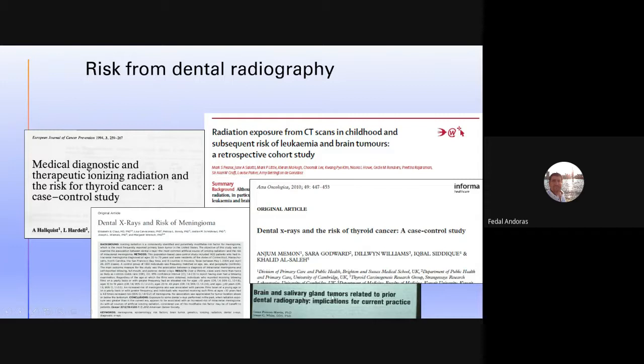Brain and salivary gland tumors related to prior dental radiography. Implication for current practice. And many other studies and many new studies are coming and updating about the harmful effect of radiation. So it's not a joke. As I said, no safe dose of radiation.